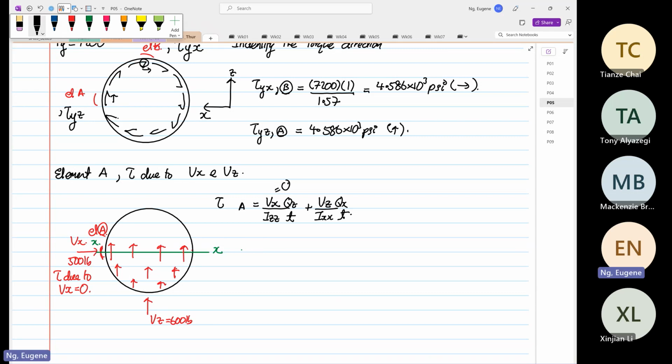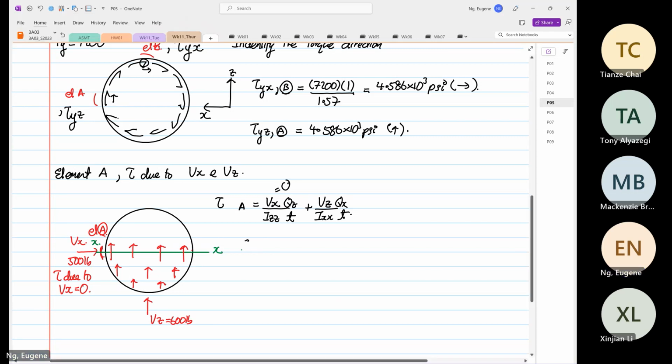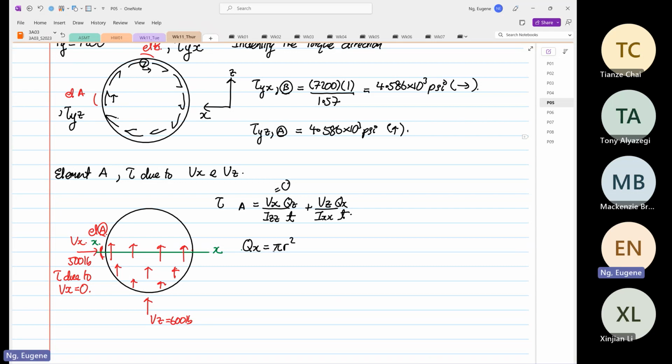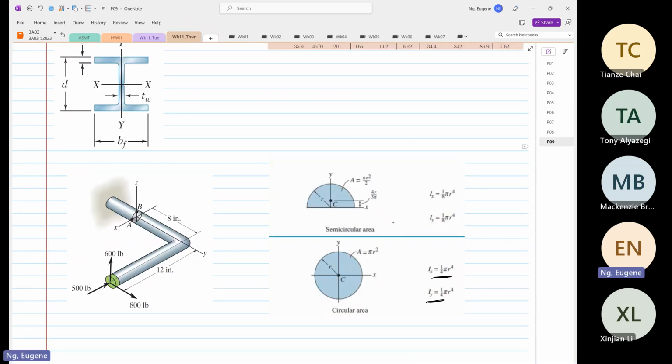So we know our Vz, so Qx is equal to the formula, area, right? So the area is half of pi r squared, divided by 2, and y bar, and as I said, I will provide the formula for this, is 4r over 3 pi, right?